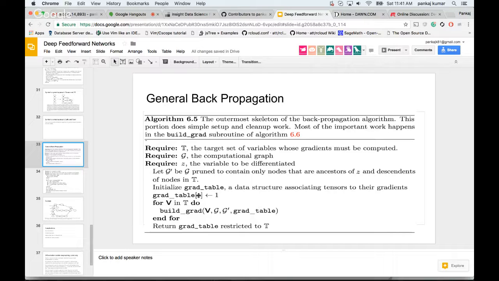Wait a second, let me read again. Require T, the target set whose gradients must be computed. G, the computation graph. Z, the variable to differentiate.